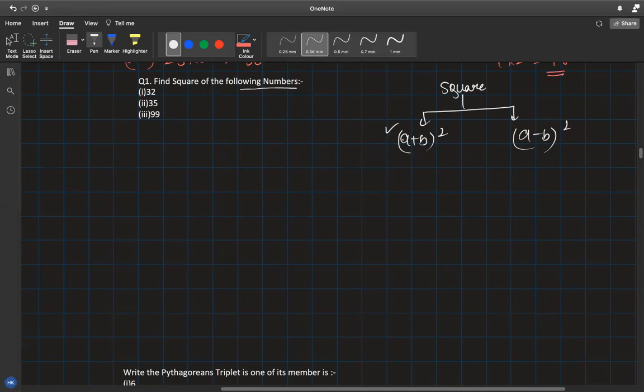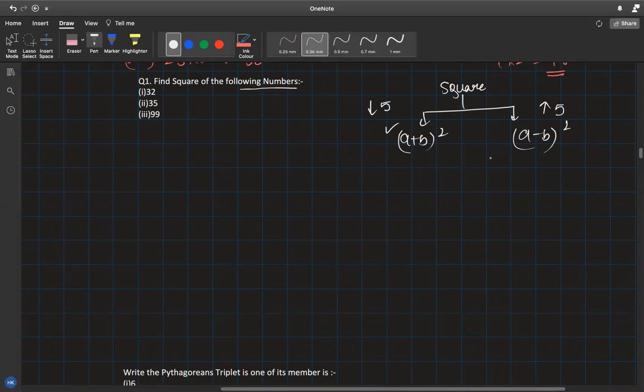The first formula, (a plus b) square, is used when the numbers are below 5, and (a minus b) square is used when the numbers are above 5 or 6 generally. Clear? You can use either of the formulas if you want.